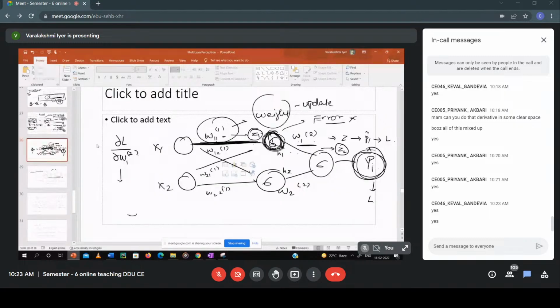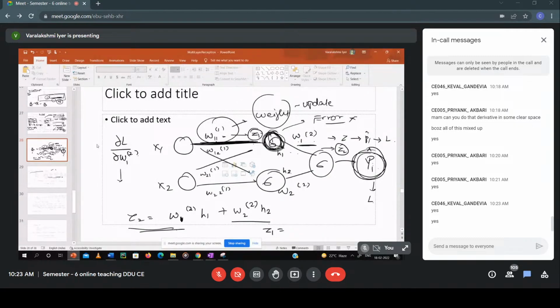See, in case of Z2, what was the output is W1H1 plus W2H2. Okay, this was Z2. Now similarly in Z1, the summation of all this will be your Z1.